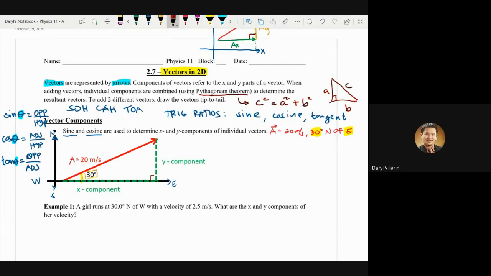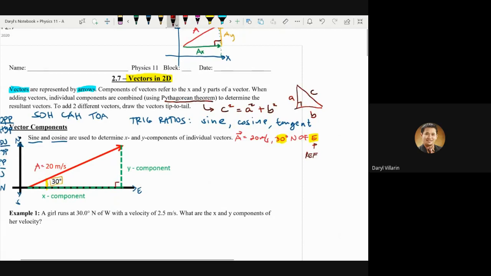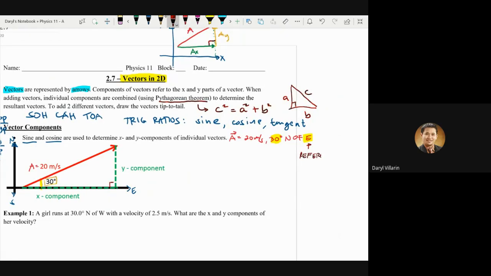So try to take note of that. This is the reference of angle measurement.